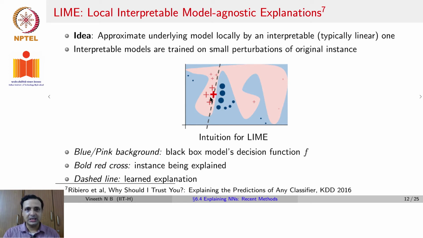You notice that when you remove a certain portion, our model classifies it as positive, and when you remove another portion, our model classifies it as negative. That's why you see these red plus signs and these blue dots, which means those respective perturbations were classified by our model as belonging to class 1 or class 2.